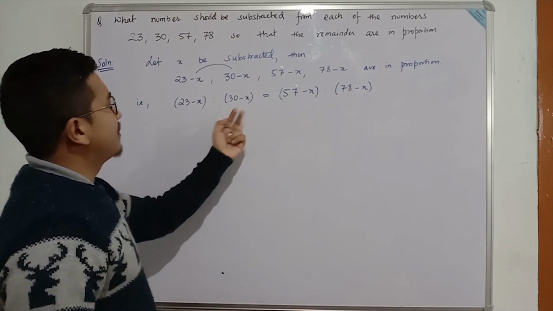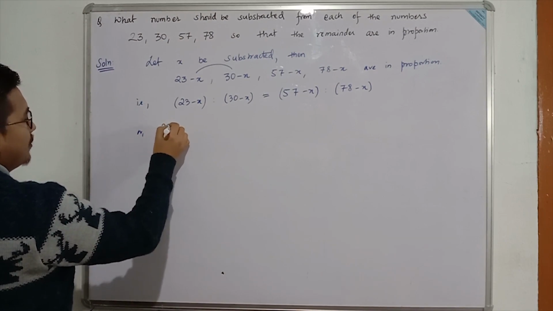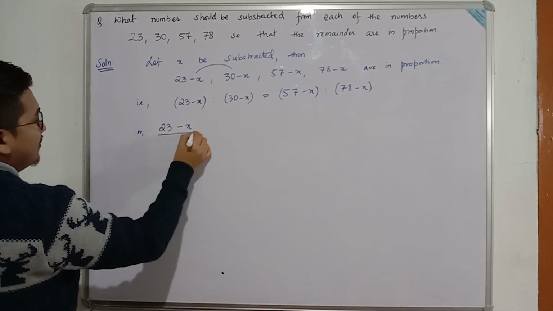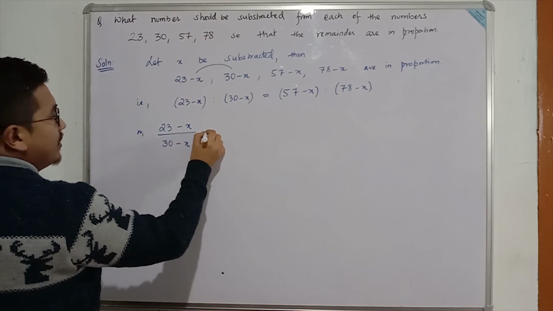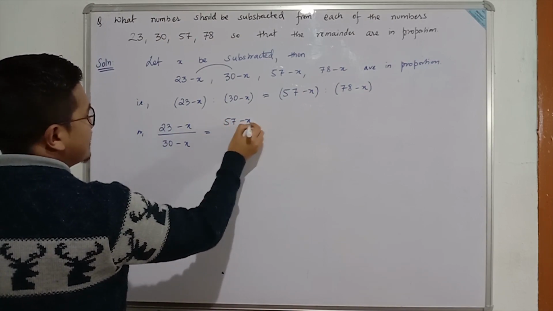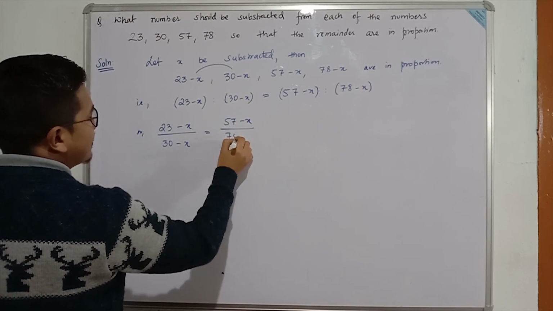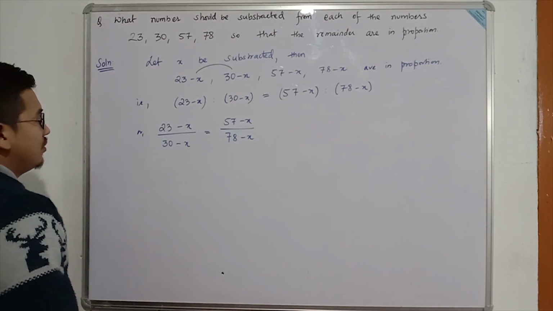Now let's change this into fraction form: 23 minus x divided by 30 minus x will be equal to 57 minus x divided by 78 minus x.